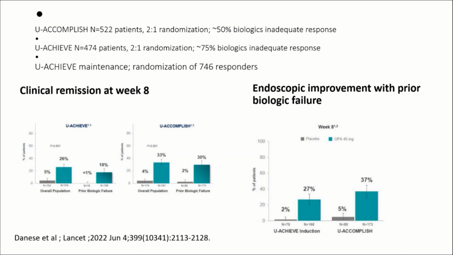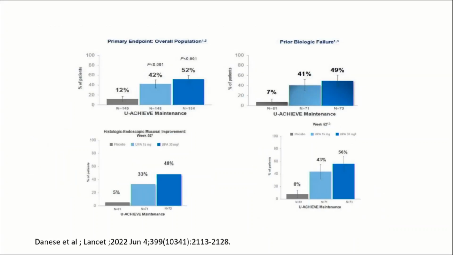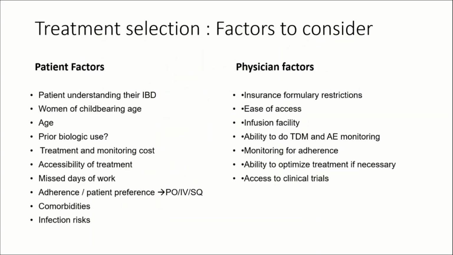I just want to emphasize the significant proportion of patients who are inadequate responders to biologics, and you can see the delta there, not only in clinical remission, but what's interesting is even in patients who have failed biologics, a good number of patients have endoscopic improvement as well, which is the target we're all trying to achieve. And that's the long-term data in the maintenance trial, and the delta is maintained, obviously. So that's a drug to watch and probably consider now.